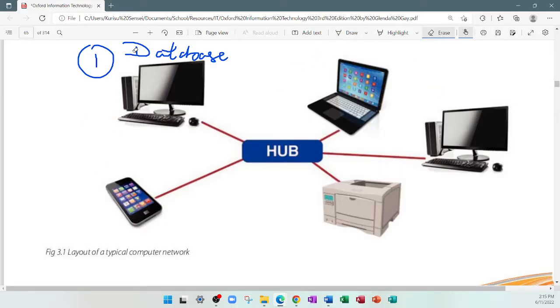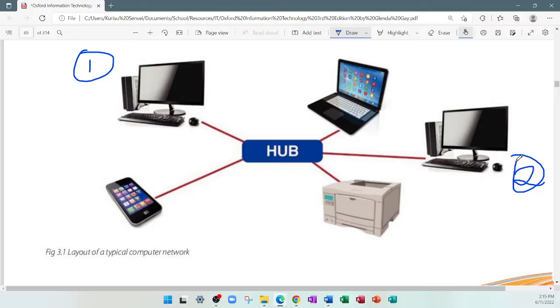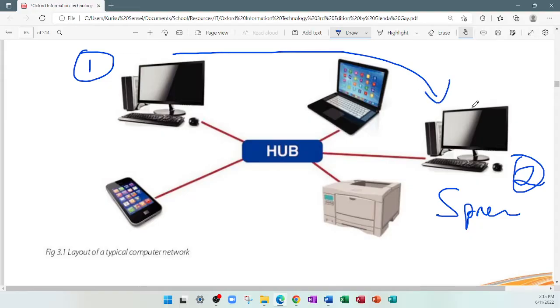The same process if another computer, say computer 2 over here on the right, has another file, for example maybe a spreadsheet file, and computer 1 would like to access that spreadsheet, computer 2 is now the server in this case here.